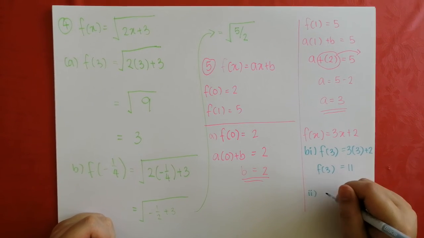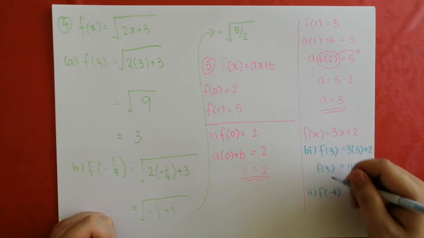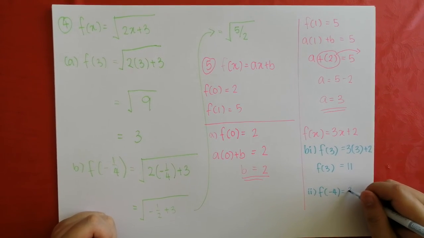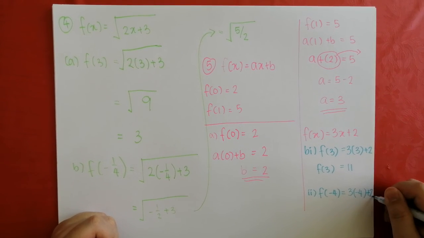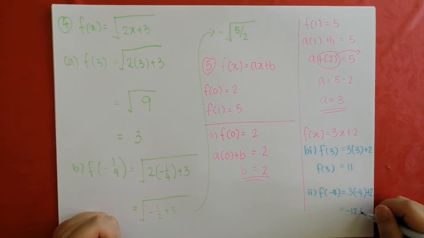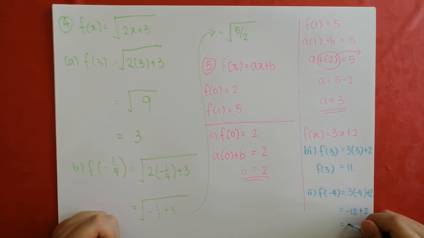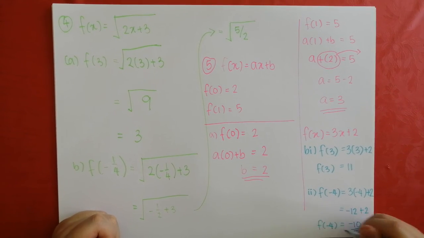Part B part 2, finding f(-4). Same thing, x becomes negative 4, so 3 times negative 4 plus 2. 3 times negative 4 is negative 12. Negative 12 plus 2 gives you negative 10. So f(-4) is negative 10.